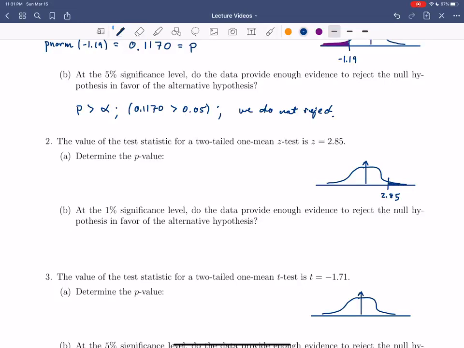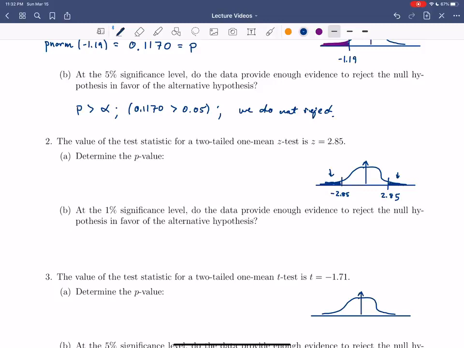Because it's a two-tailed test, we not only have to worry about the area to the right, we also have to worry about the area to the left. So we have to think about negative 2.85, and we're going to add those two areas. If we sum the area of the left tail and the right tail, that sum is going to be our p-value. That's how we get the p-value for a two-tailed one-mean z-test.